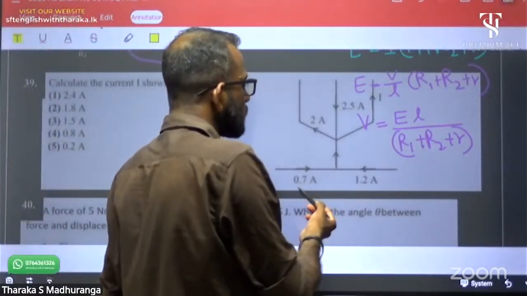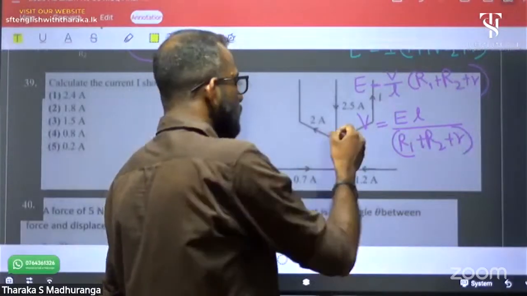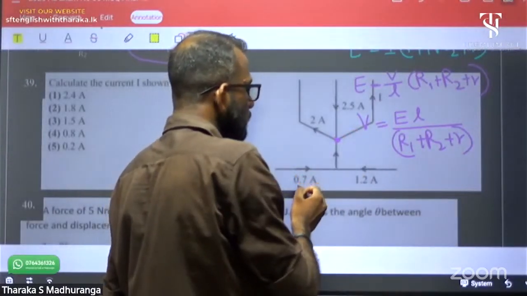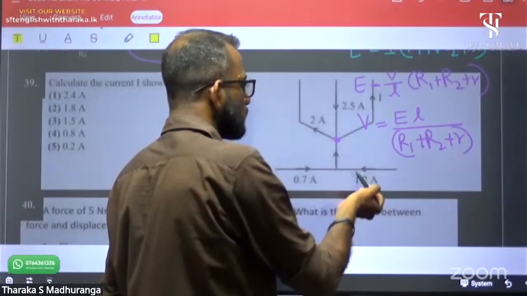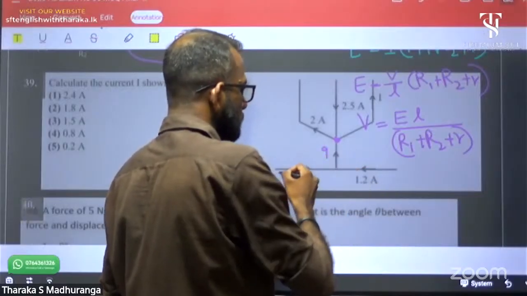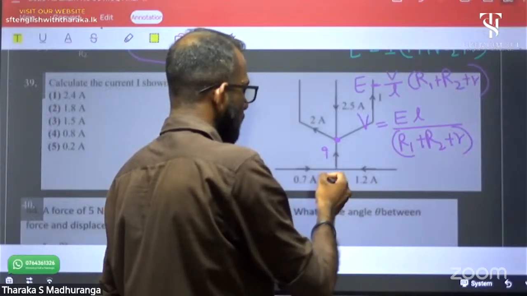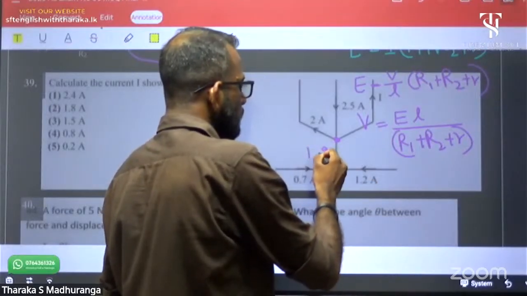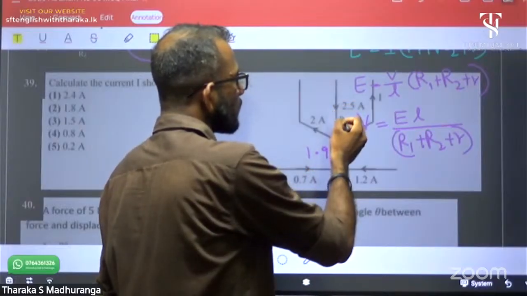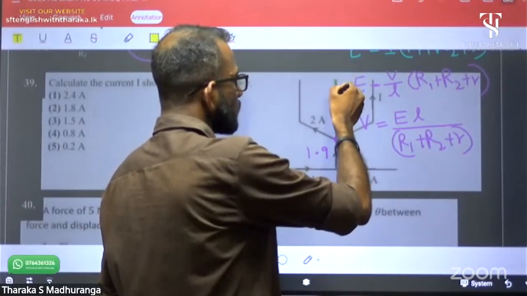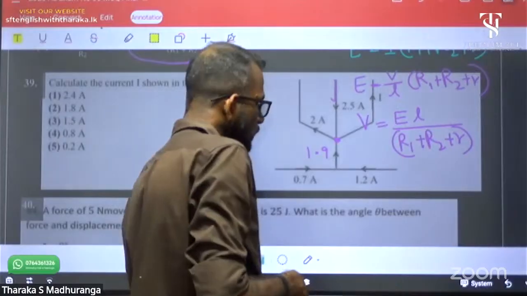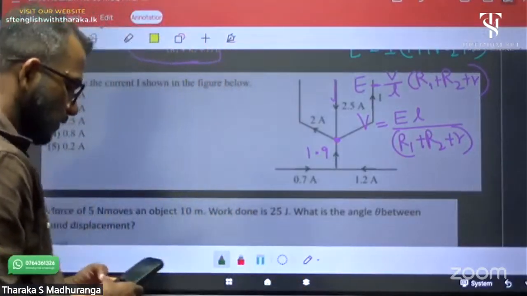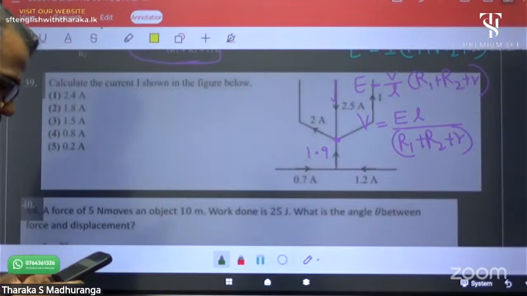Now, how much current is coming to this junction? 0.7 and 1.2 are both coming, making 1.9. Also 2.5 is coming, that means 2.5 plus 1.9, 4.4.